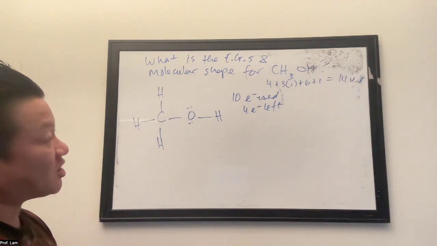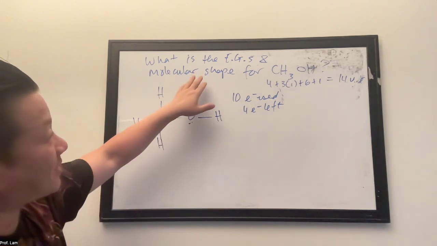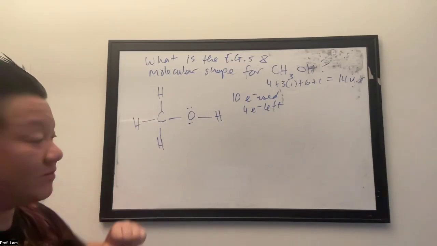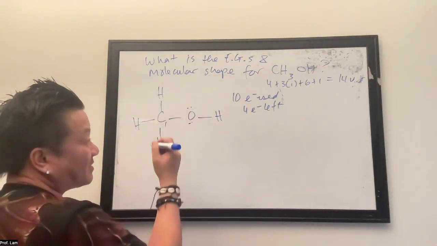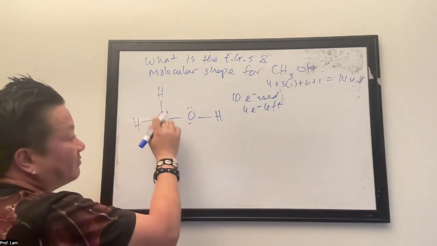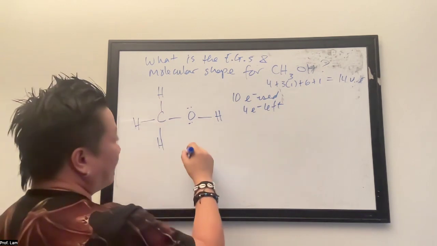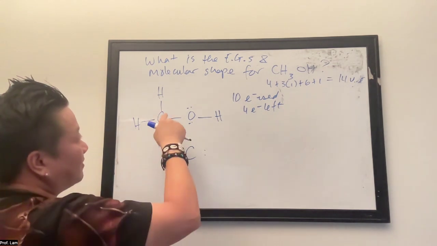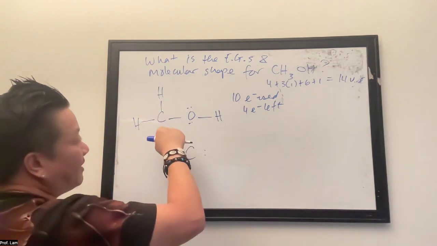So if it wants the molecular shape and electron geometry of this, it actually wants it 1 central atom at a time. So let's call this carbon first. We need to count the electron groups, right? 1, 2, 3, 4.